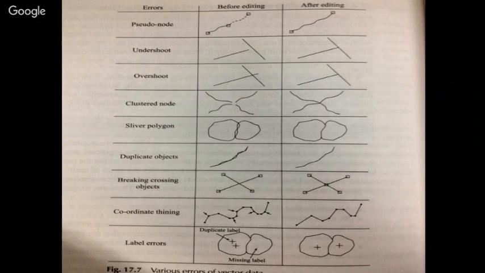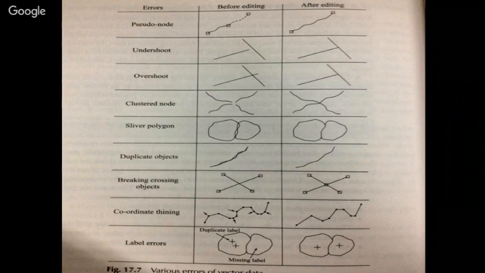And sliver polygons, the gaps which remain while we digitize boundaries, would be corrected after editing. Likewise duplicate objects, breaking crossing objects, and coordinate thinning. Previously we had used a lot of nodal points, and after editing a lot of them would be removed to decrease the file size and increase work efficiency.